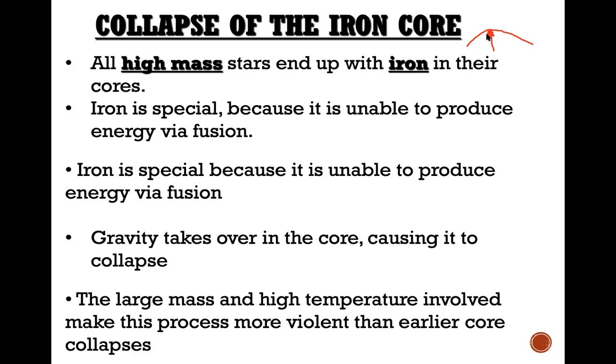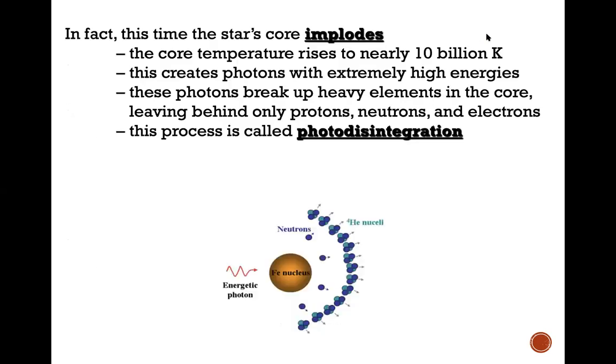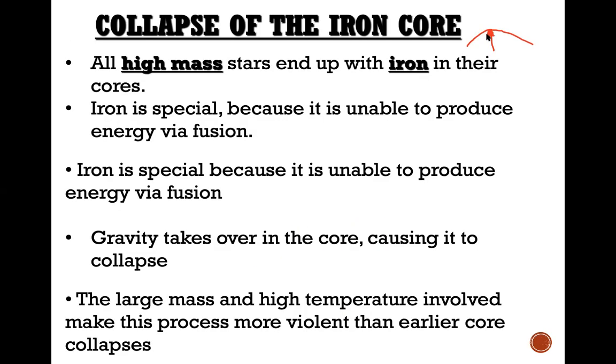So then what will happen is gravity takes over in the core, so that the star will further collapse again, right? This is the same procedure that we discussed for white dwarf stars as well.